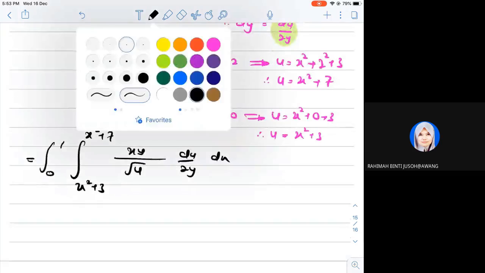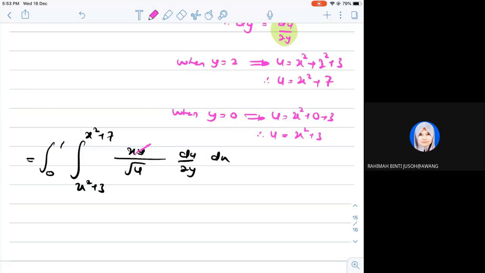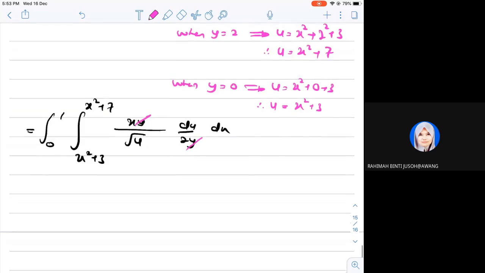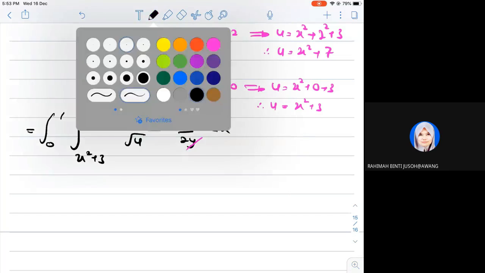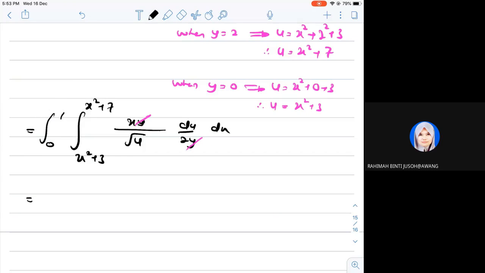Now we can cancel this y and y. So we will have 1 over 2 that can be taken out, so x over 2 can be taken out, with limits x squared plus 3 to x squared plus 7. x over 2 can be taken out because it's just a constant.